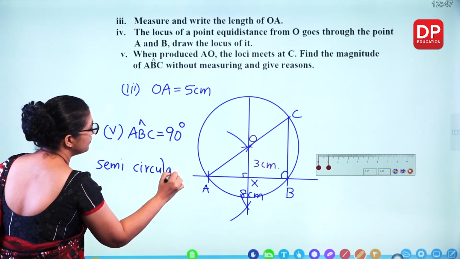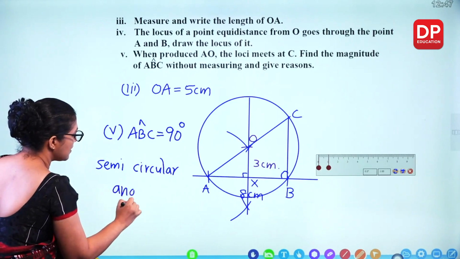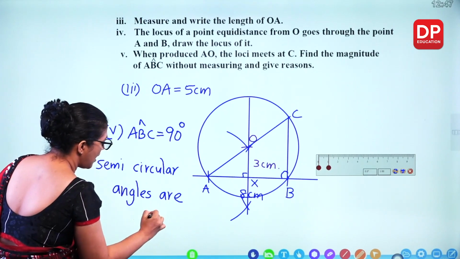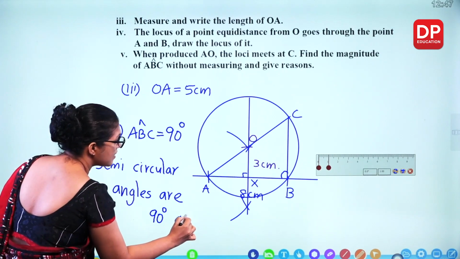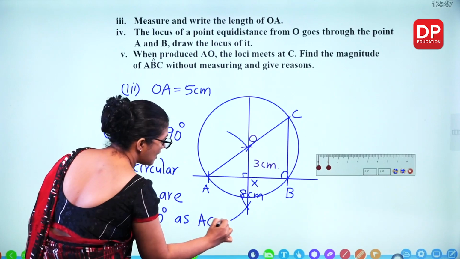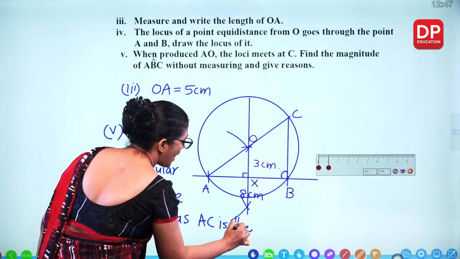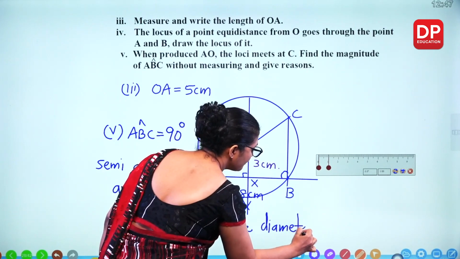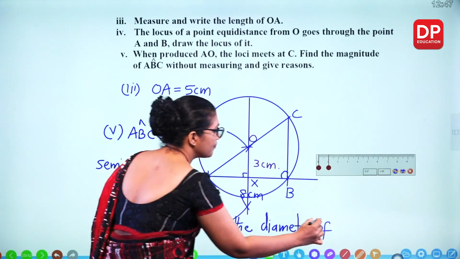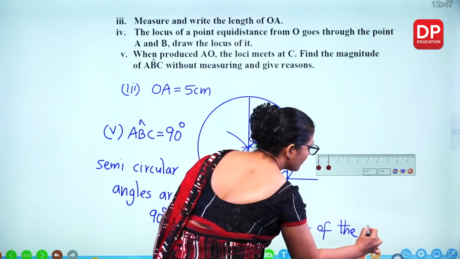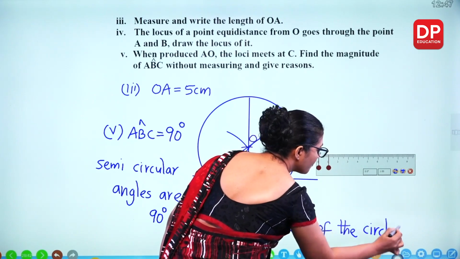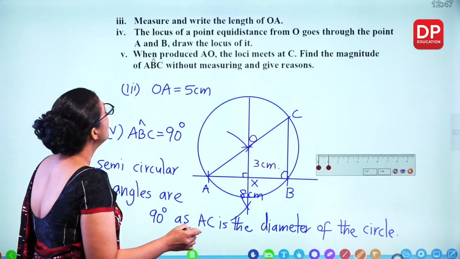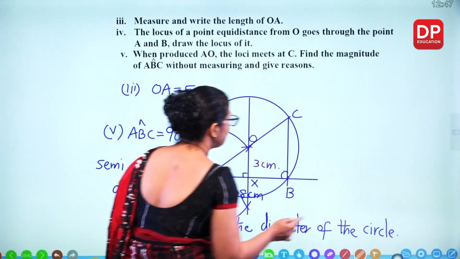Semicircular angles are 90 degrees as AC is the diameter of the circle. Now we'll see how you get marks for these steps.